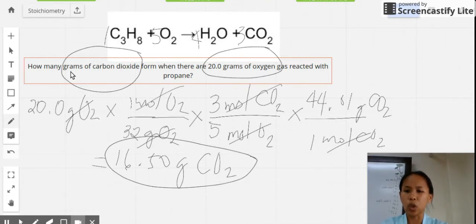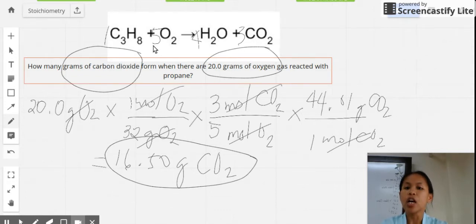So we always begin with the given, which is 20 grams of O2. The first thing is we need to divide it by the molar mass of O2. Take note, in O2 there are two oxygen atoms, so 2 times 16. Therefore, the molar mass is 32 grams. Never include the coefficient 5 in calculating the molar mass.